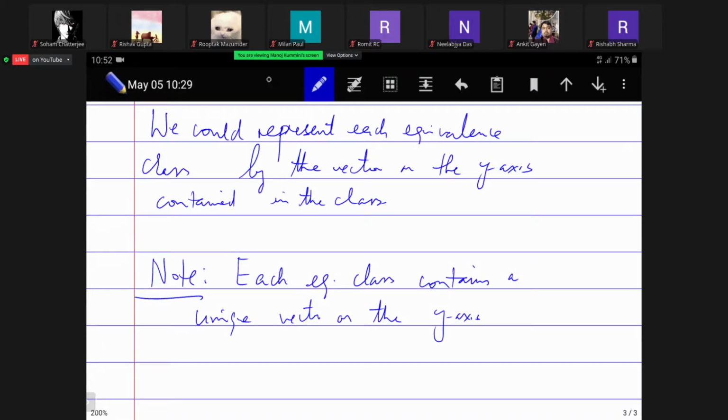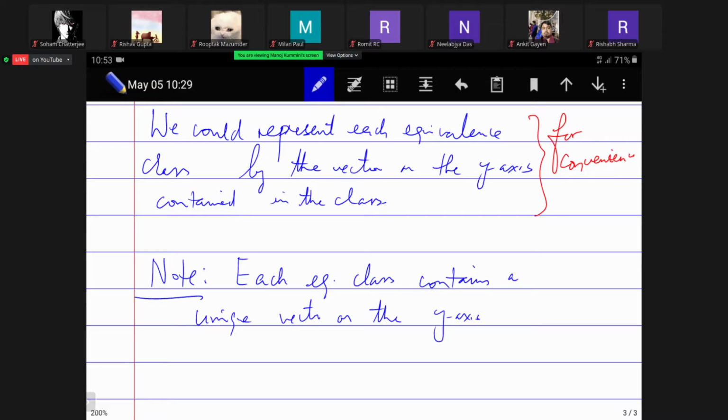Again, this is just for convenience. Whether you choose an element on the y-axis or some other element on the same parallel line, the calculations are all the same. Calculations may be a little simpler if you choose a vector on the y-axis, because one of the coordinates is 0.